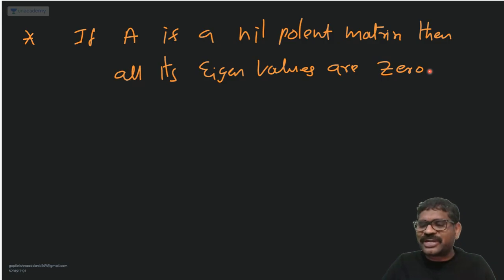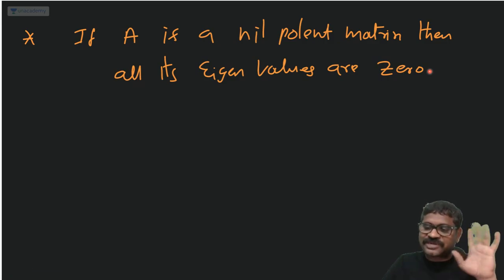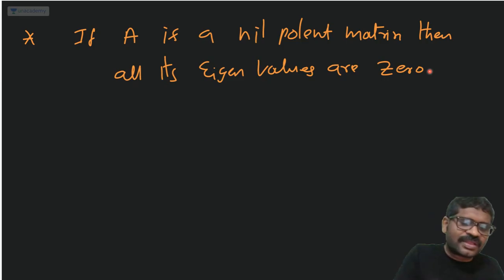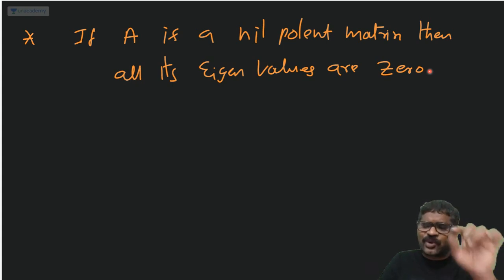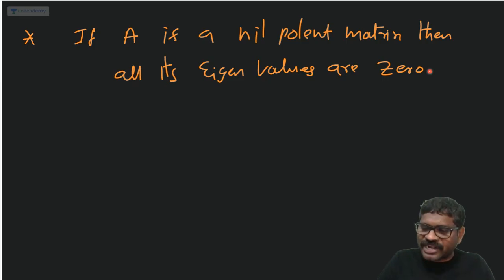Sir, what is nilpotent? I have explained in the first lecture. A is a non-zero matrix, A square is non-zero, A cube is non-zero. Suppose A power 4 is 0. Then that is a nilpotent matrix of index 4. There is no non-zero eigenvalue for a nilpotent matrix.